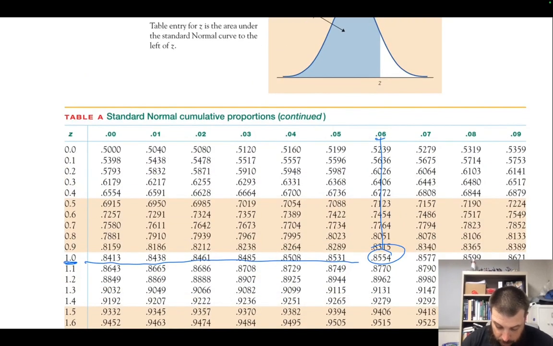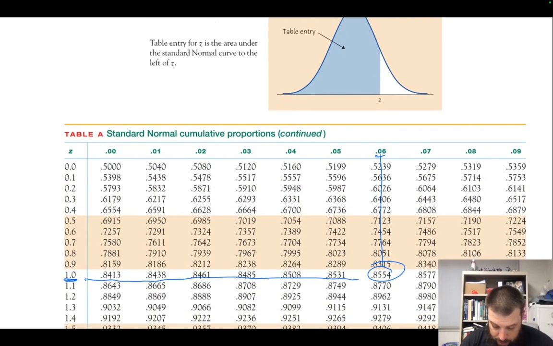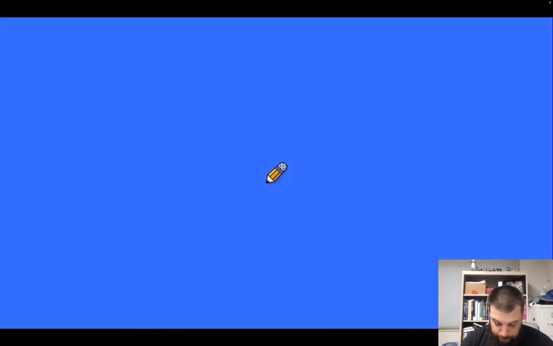Well, now you're like, well, that's greater than 50%. It is, but remember, this value is giving us the left side of the graph, and what we were looking for is the right side. And so that's why the shading is also helpful. Draw your sketch, remind yourself, hey, I'm looking for the right side.